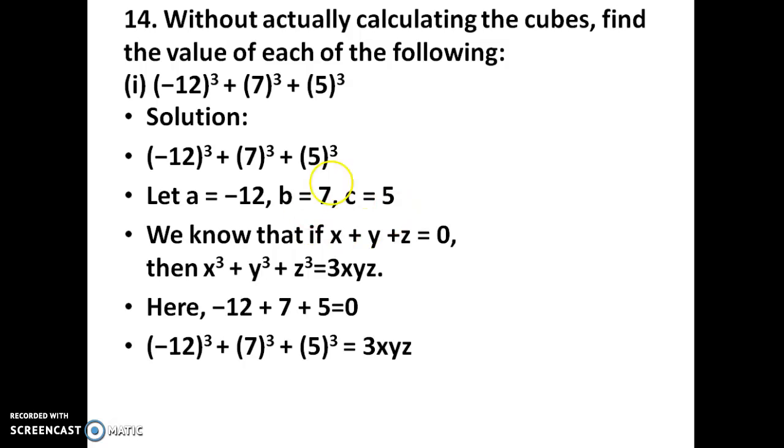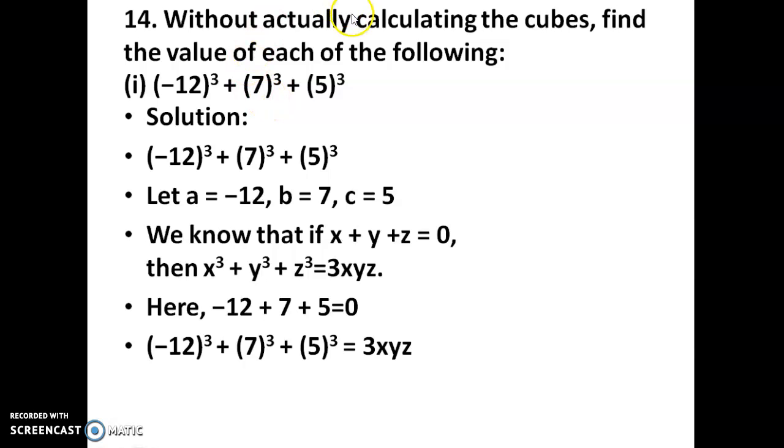So if this is 0 we can use this identity. Whenever we have x plus y plus z equal to 0, we can use the identity x cube plus y cube plus z cube equals 3xyz. Here also this condition is satisfied, so we can use this and find the value of this cube.